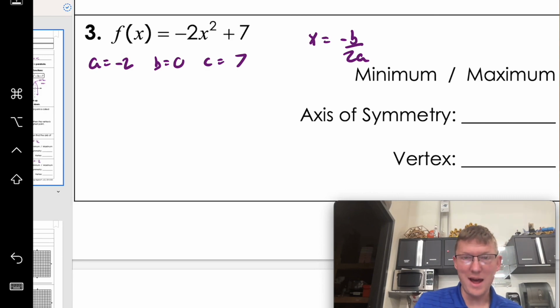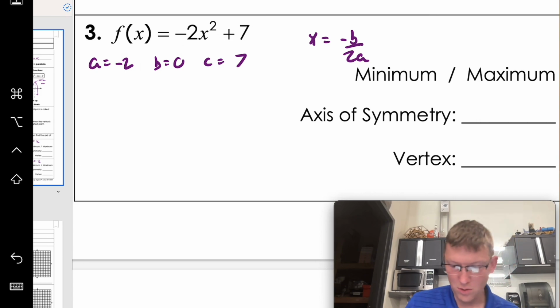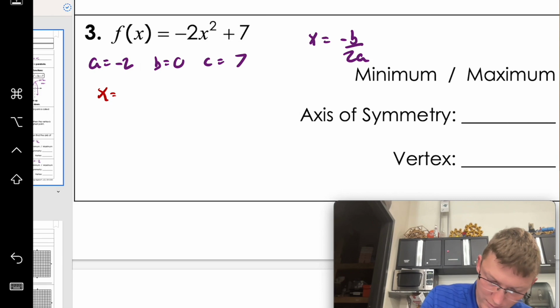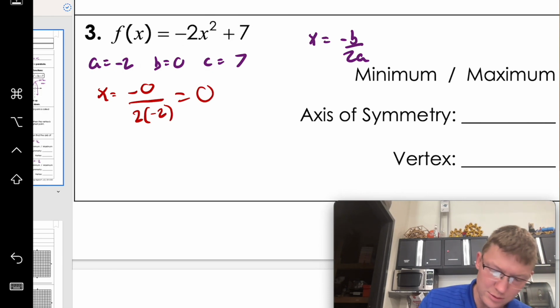There is no x value, so it's an implied 0. So that's why we got B equals 0. And then our C is going to be the number by itself, so we got C equals 7. So we're going to find our vertex, and our x equals -b over 2 times -2, so that still equals 0.